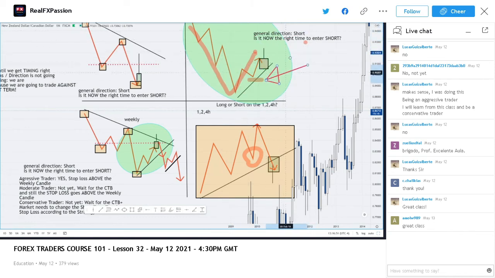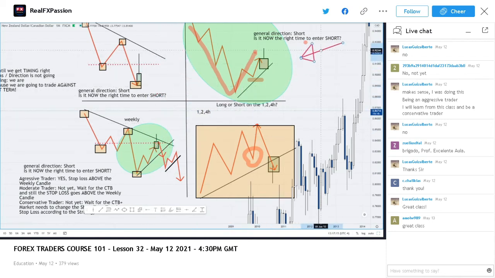So before you enter any trades, starting from today, hopefully you are going to check, everybody, what the higher time frame is doing to have a better chance. So the general direction is short. Is now the right time to go short, everybody? We are going to apply exactly the same logic between the monthly and the weekly.